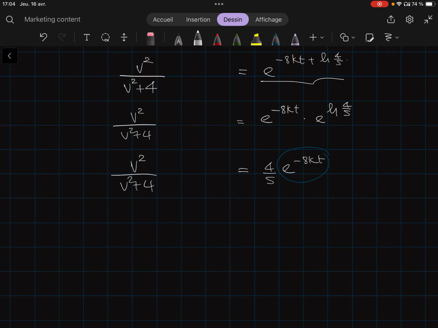From here, I don't think it is that much more complicated. All you have to do is isolate for v. Bring everything with v to one side. Divide.